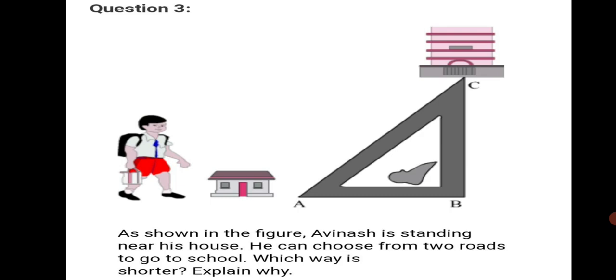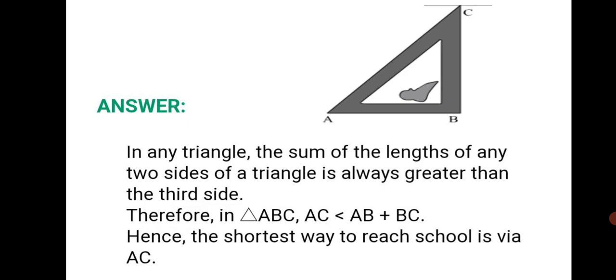And why? Because of the property of a triangle, that the sum of two sides of a triangle is always greater than the third side. And the other route is nothing but the sum of other two sides. So let's write our answer with proper reasoning. In any triangle, the sum of the lengths of any two sides of a triangle is always greater than the third side. This is a property which you have to learn.